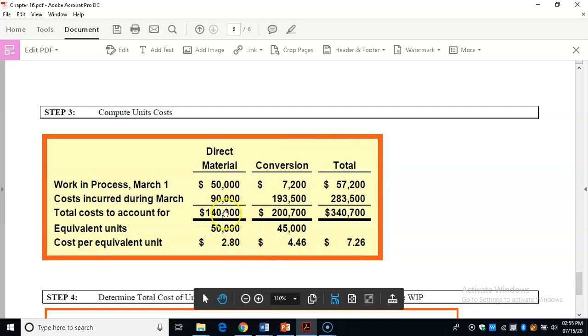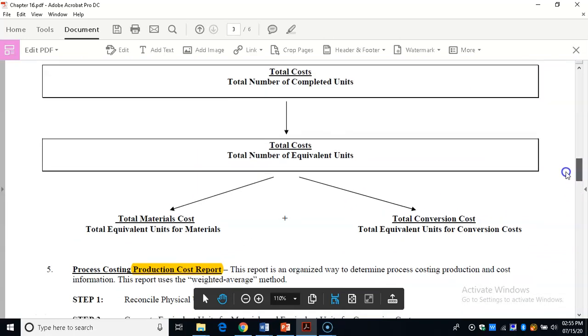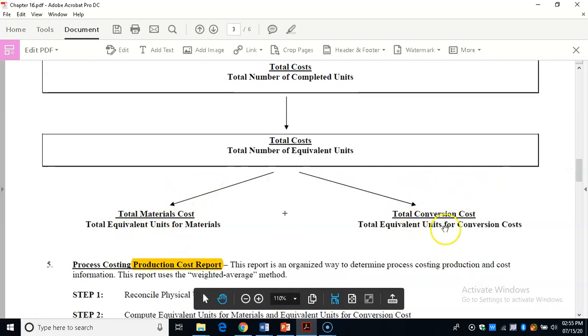Now, this might look familiar, hopefully. You see this 140,000 divided by 50,000? And this 200,700 divided by 45,000? That actually is right here. See? Right here and right here. Same concept.